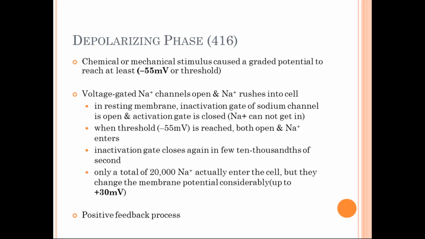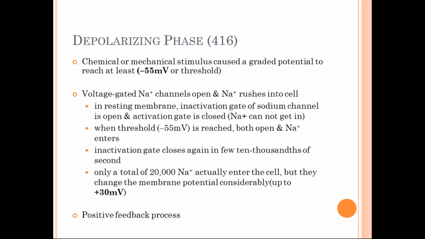Don't worry, you're going to get a picture of this, and we're all going to get up and move and do this, so you'll get it. So the activation gate is what opens when the sodium goes in. It opens up at minus 55. The sodium rushes in. Almost right away, the inactivation gate stops it. So 20,000 sodium rush through, and then this other gate closes it off.